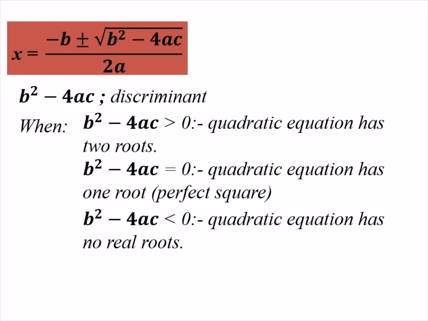At this particular stage, we can't find the square root of a negative number, but there is a way of finding it using i, where i equals the square root of negative 1.